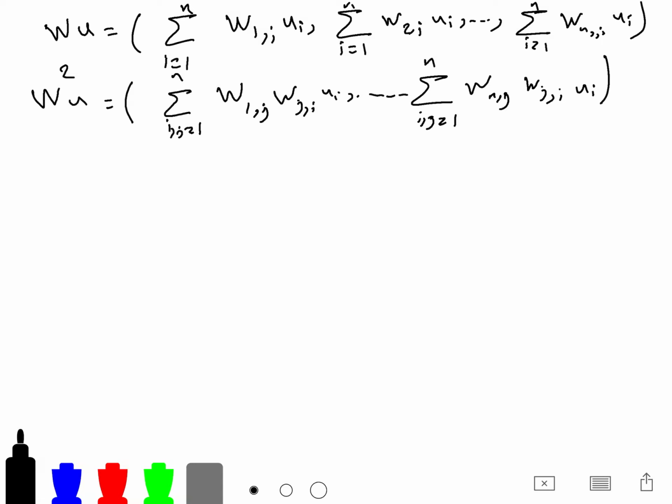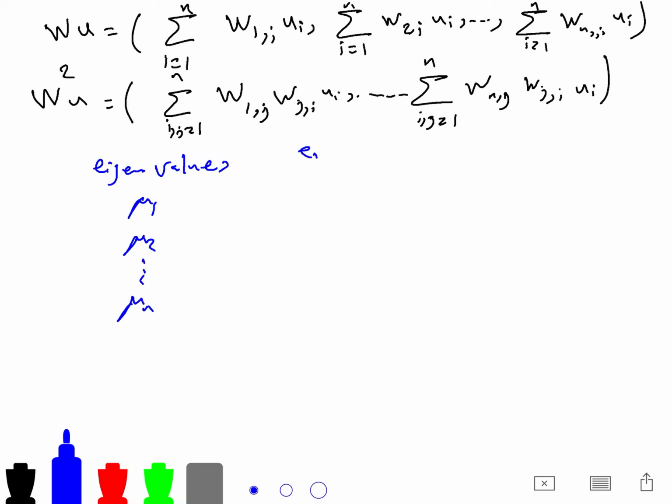So let's diagonalize W, since we use it again and again. Why not diagonalize it and make it simpler? Because W is a symmetric matrix, we are lucky that the eigenvalues are real. So mu_1, mu_2, up to mu_n are real, and the eigenvectors are v_1, v_2, up to v_n.